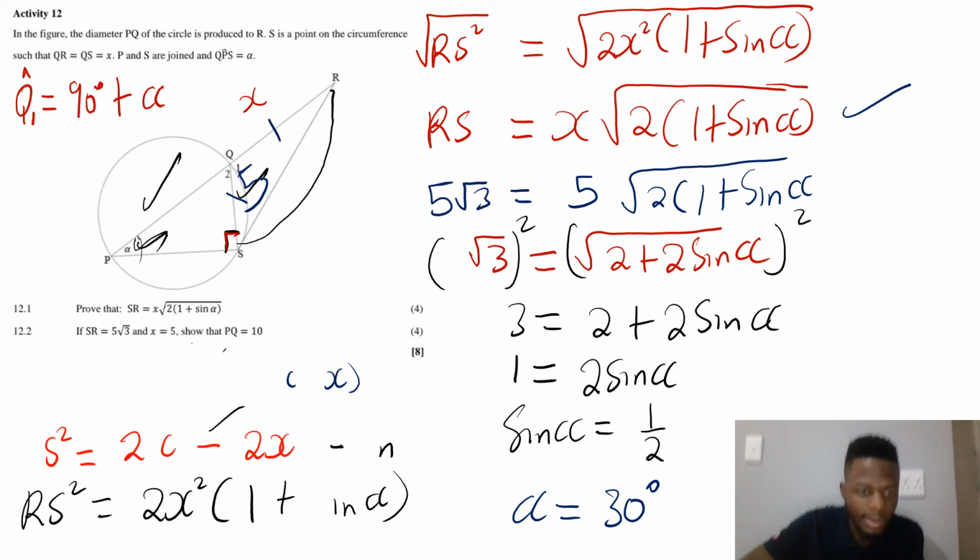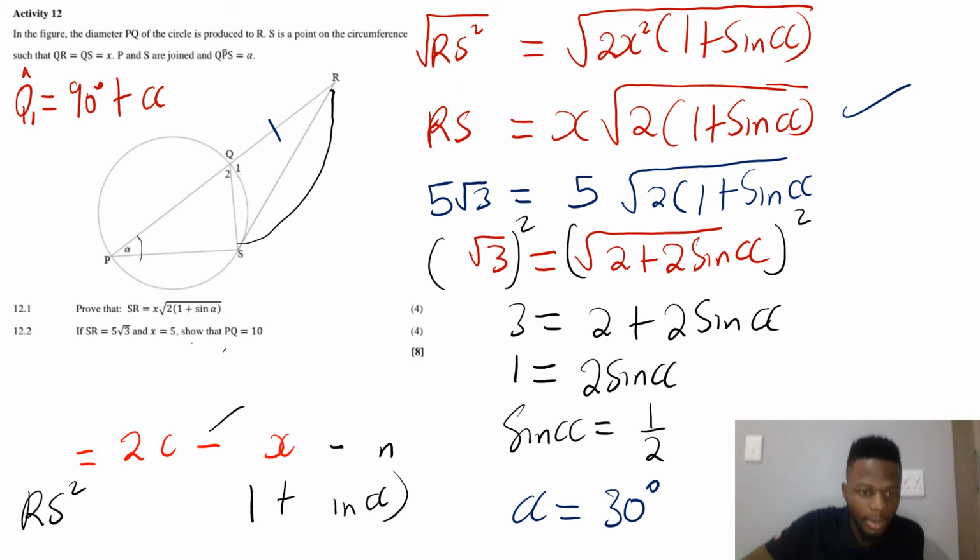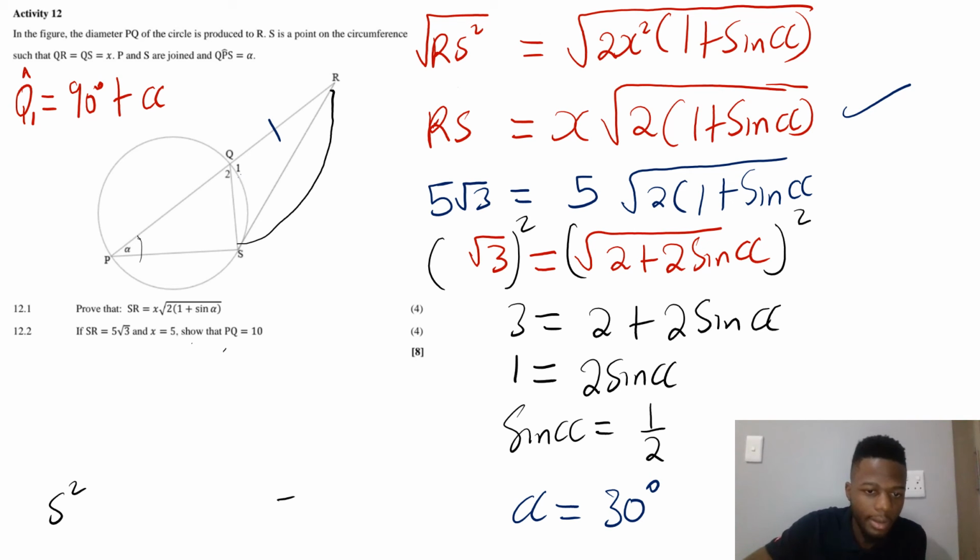So let's just go and find our PQ. If we check PQ there, it's the hypotenuse. So to find the hypotenuse, let's start by analyzing what we have there before we go to the answer. We have this angle alpha, né? And we have QS.